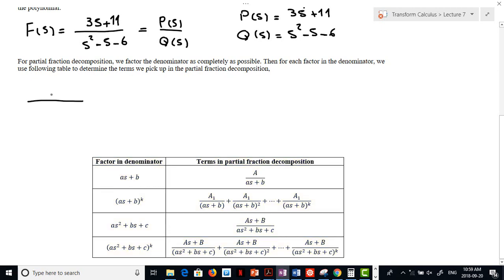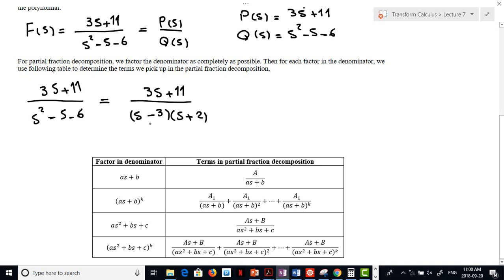We have our function, (3s + 11) divided by (s squared minus s minus 6). First of all, we factor the denominator as completely as possible, so we have (s minus 3) times (s plus 2). The numerator is the same.